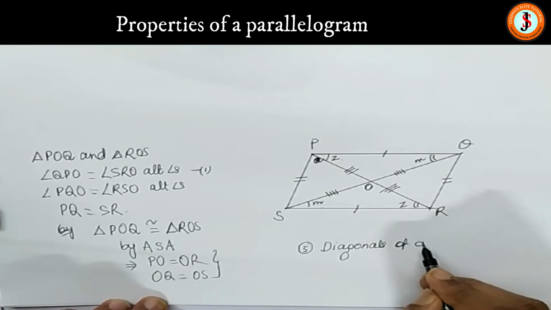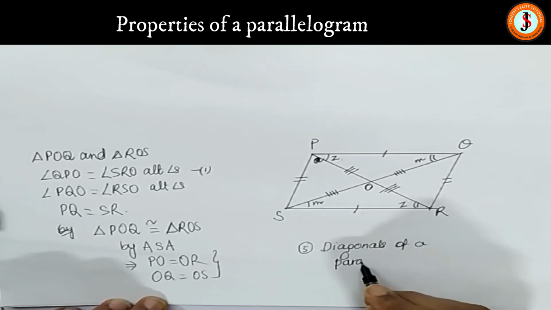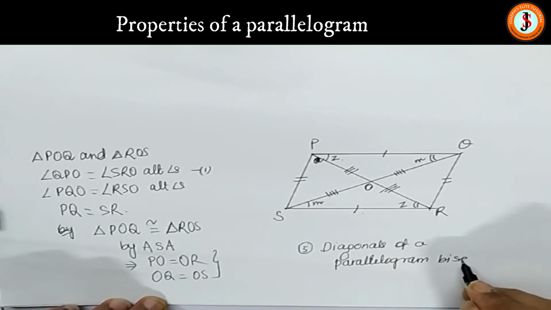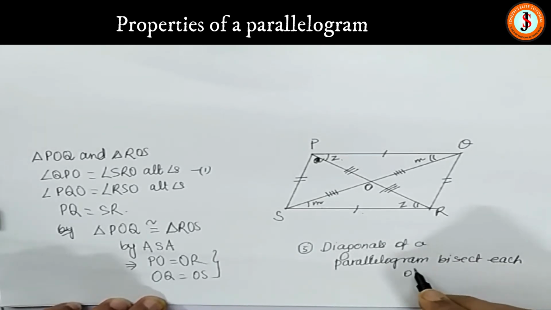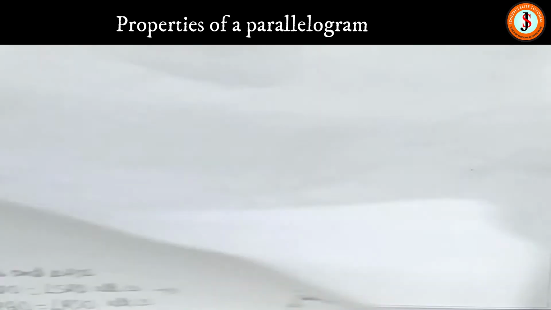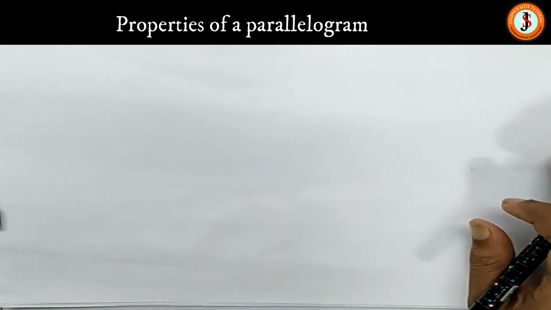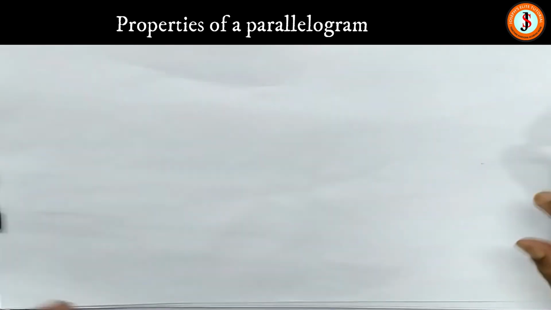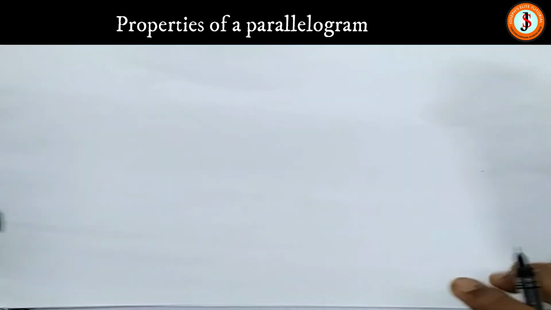Diagonals of a parallelogram bisect each other. So that means what is happening, children? We can write all the 5 things together. That is our takeaway today.